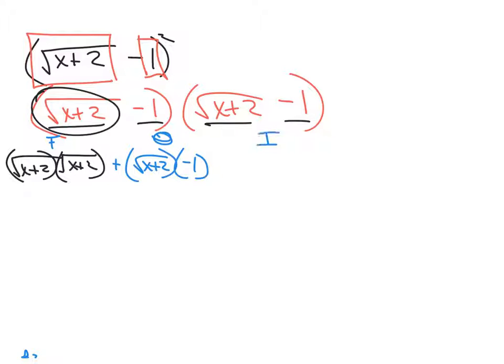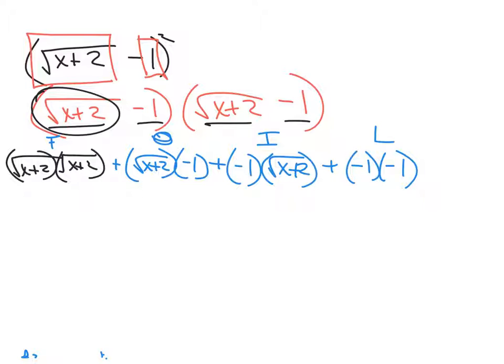My inside then is going to be square root of x plus 2. And then my last is going to be negative 1 times negative 1. Okay, so there's my FOIL, and it is always handy to do that.